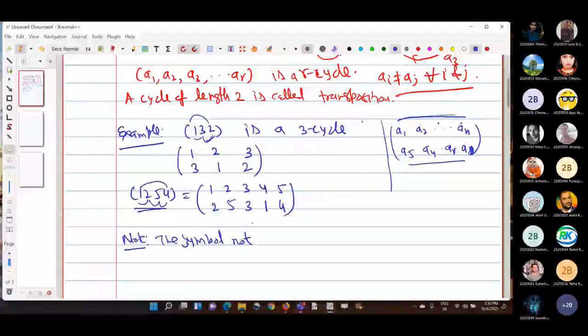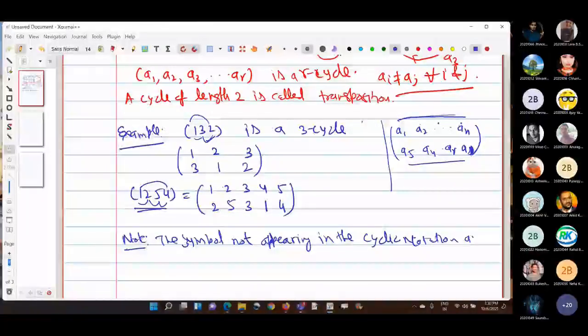The symbol not appearing in the cyclic notation is assumed to be fixed. There may be many symbols, not only one. So this was note 1, and then we can take another note 2.